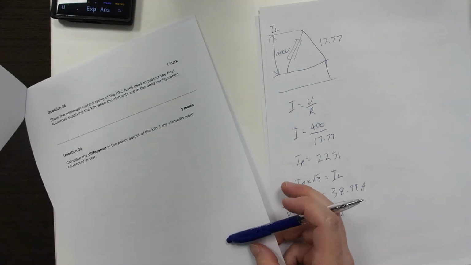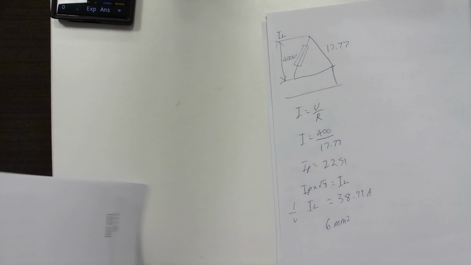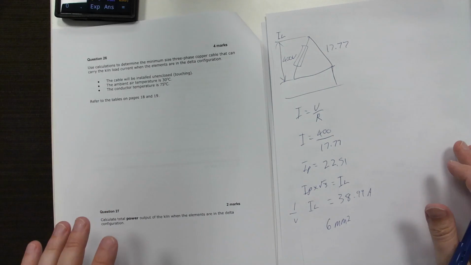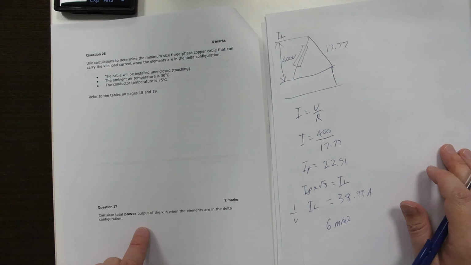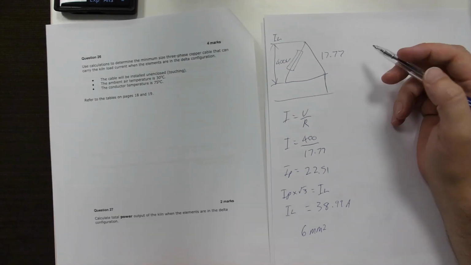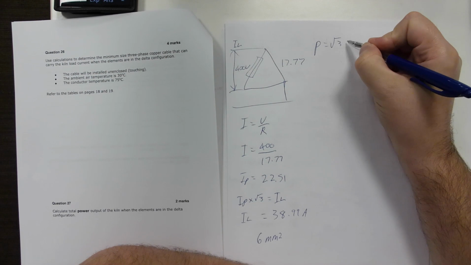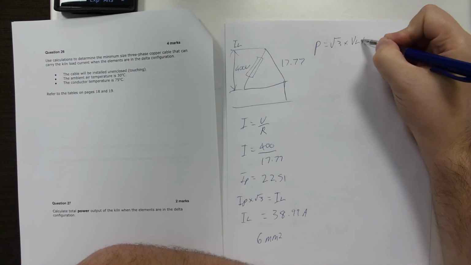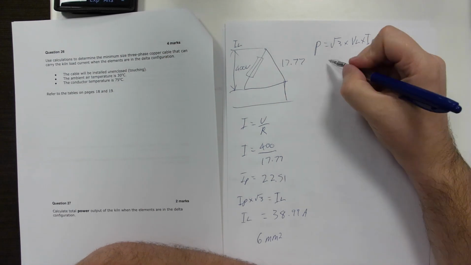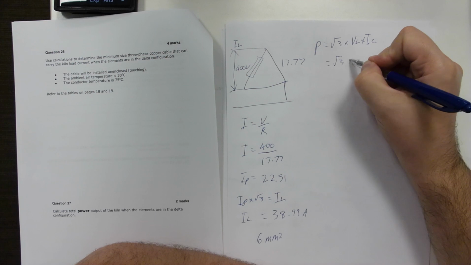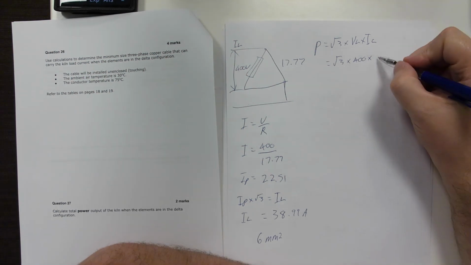Now, going back to our previous question, we are asked to calculate the total power output of the kiln when the elements are in delta configuration. So our power formula is power equals root 3 times V line times I line. It's going to have a power factor of 1 because they're resistive elements. So equals root 3 times 400 times 38.99.